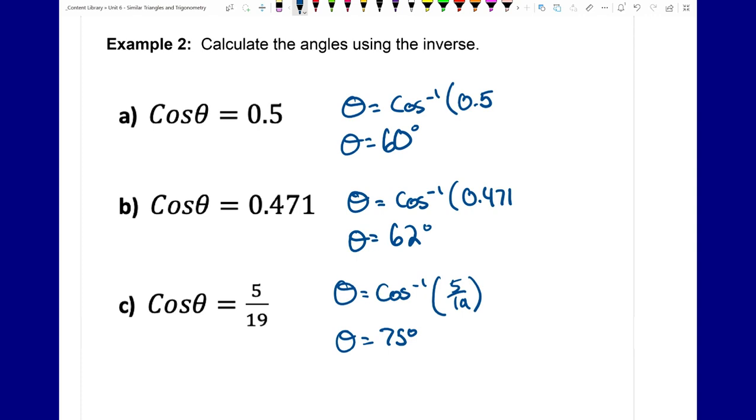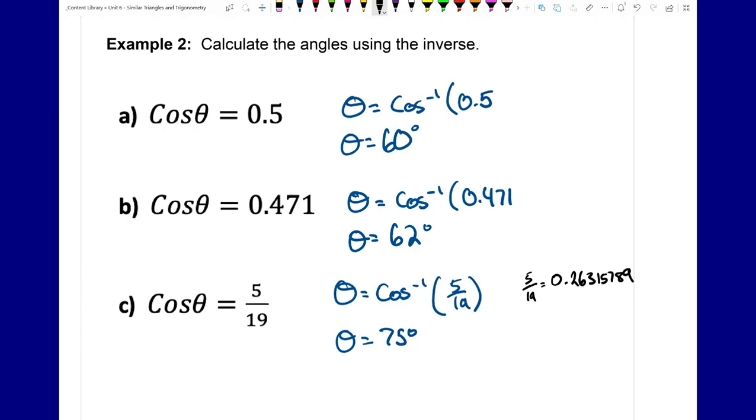The only thing I would suggest is that when you're dividing your value, so if we take 5 divided by 19, just off to the side, 5 divided by 19 equals 0.2631578, and so on.